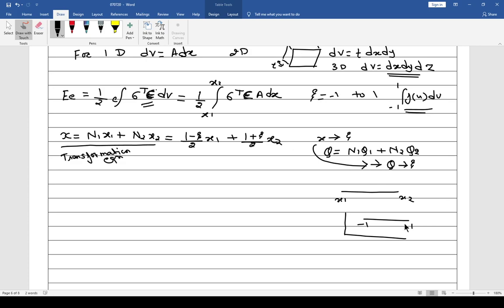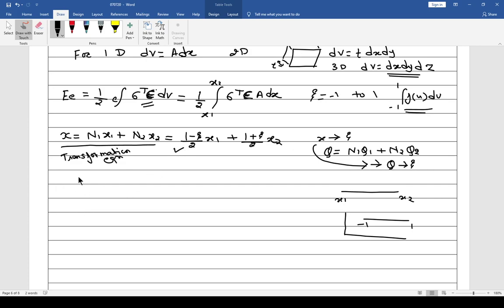You can easily verify this by putting in the values of n1, n2 and x1, x2, and you will see that it automatically gets converted into -1 to 1. One numerical we'll try to solve, and on that basis you will understand that the system turns to -1 to 1. Okay, fine, no issue. So this is my equation.